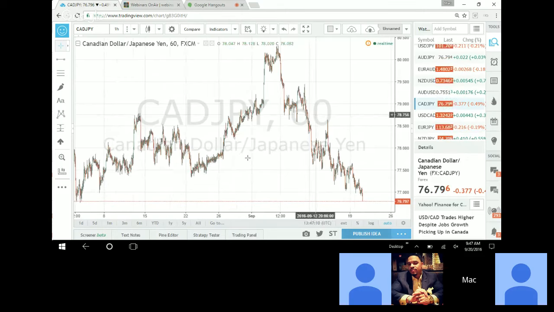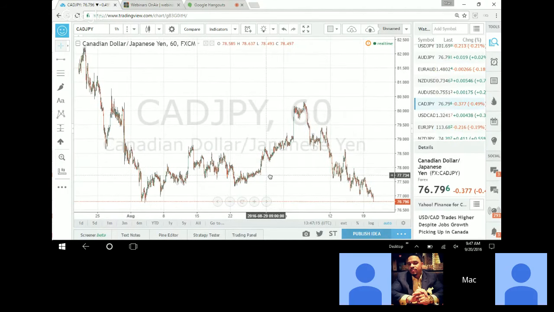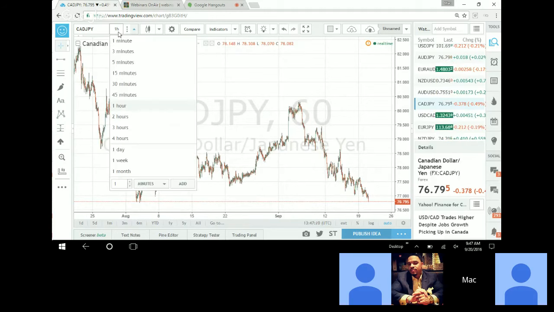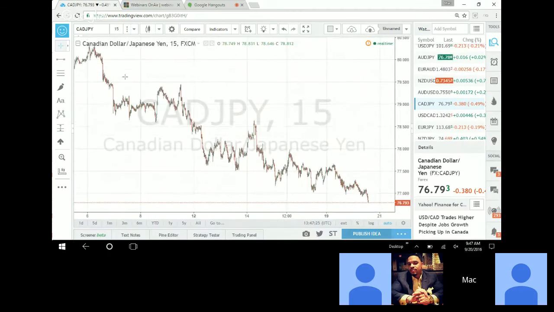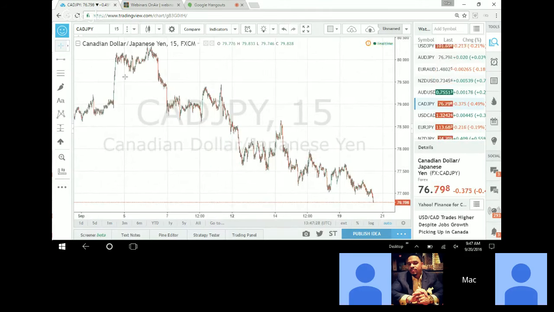Yeah, it's sitting right there, right on it. If this does not break, then we could take this for at least 300 pips. Let me see what it looks like on the 15.